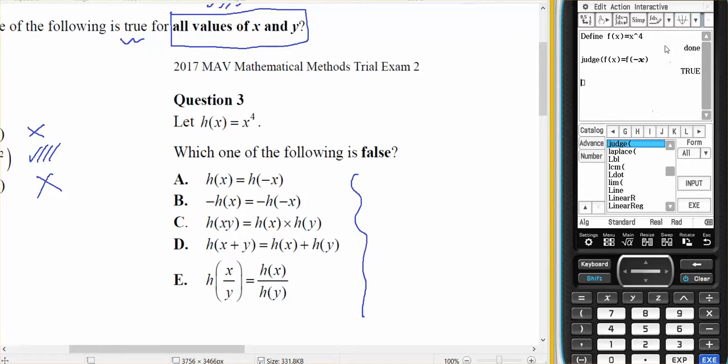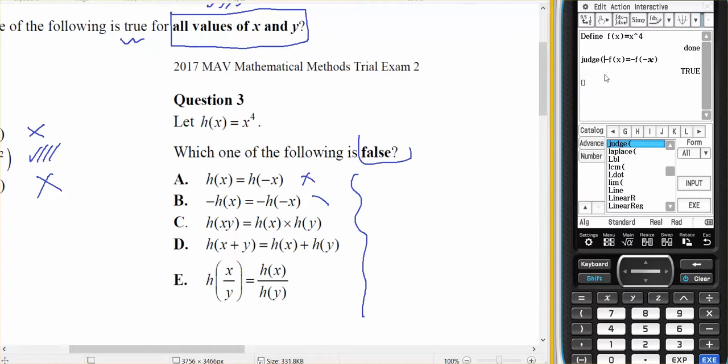And I get a true statement. So I'm looking for the false one. So that's not true. I want negative f of x equals negative f of negative x. And I get a true statement, so it's not that one.